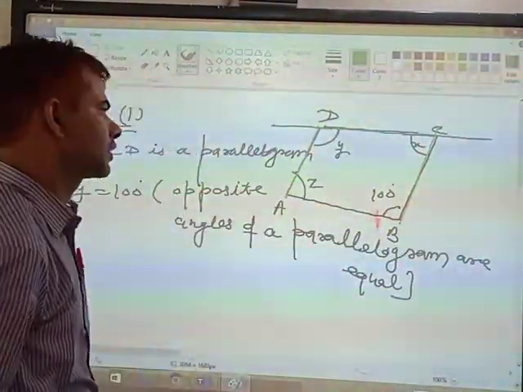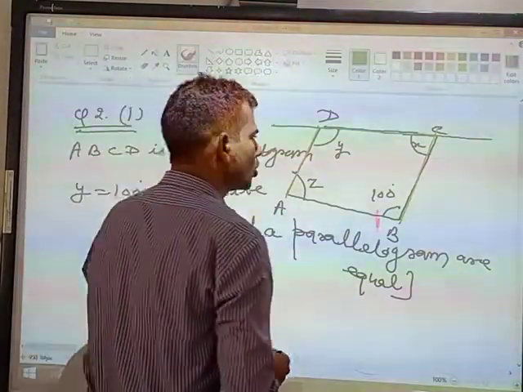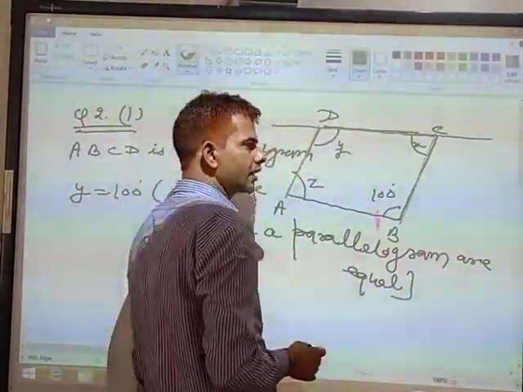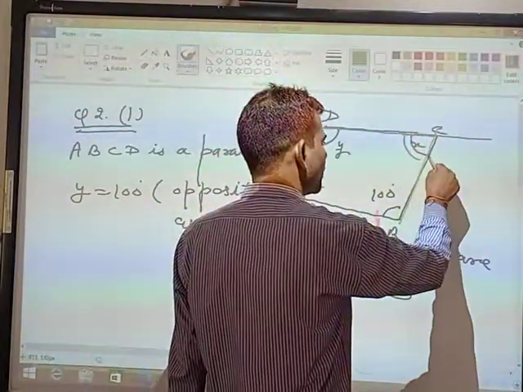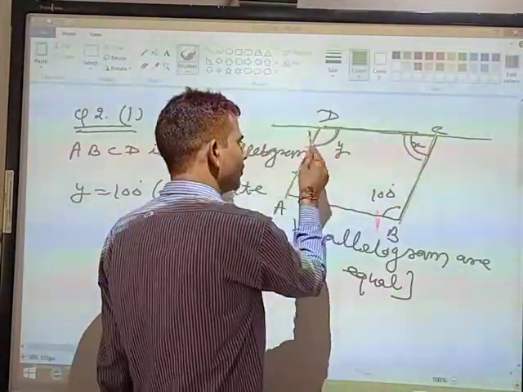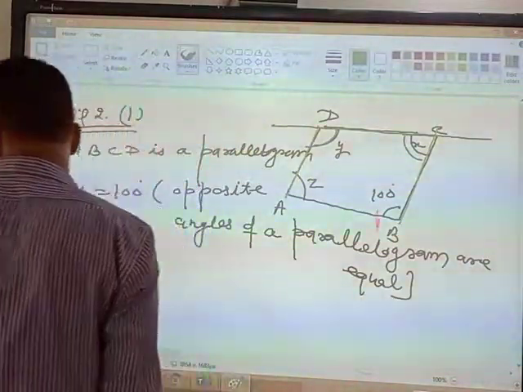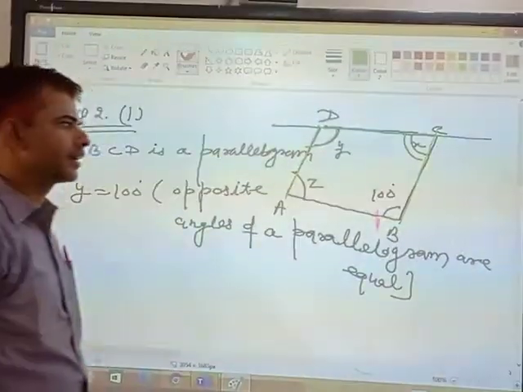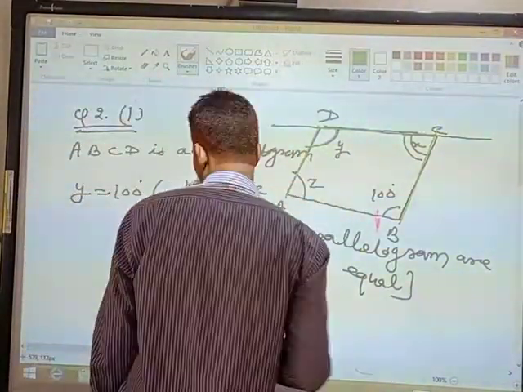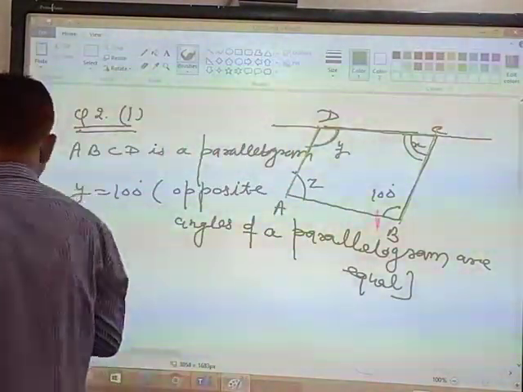Sum of interior angles on the same side of a transversal is supplementary. Sum of x and y will be 180 degree. And as you know, y is equal to 100 degree.